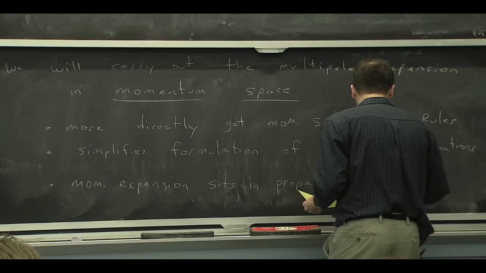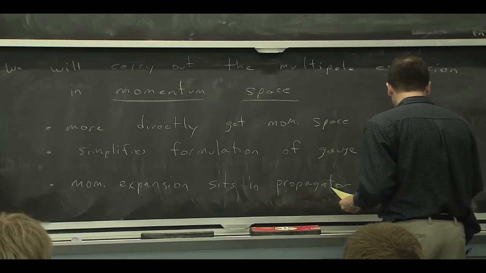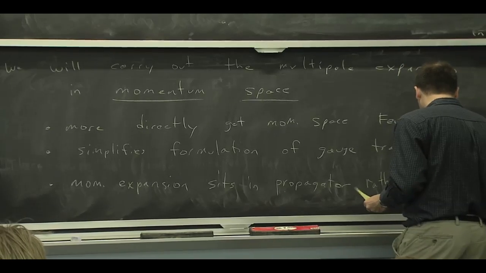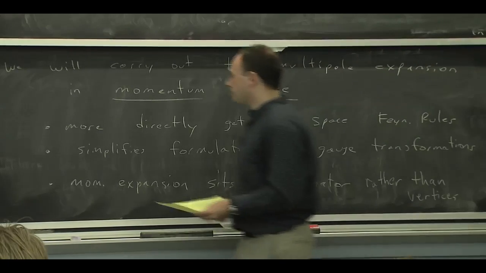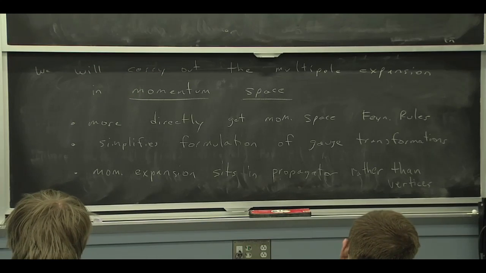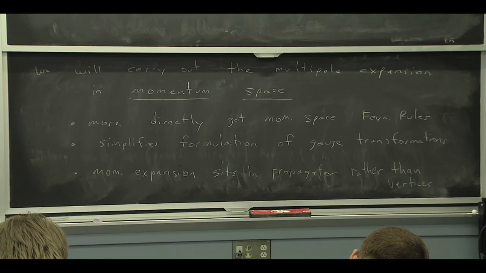So we don't get Feynman rules with delta primes that we then have to integrate by parts to understand. We just immediately get insertions on propagators which would correspond to the derivatives that I would take from integrating that delta prime by parts.